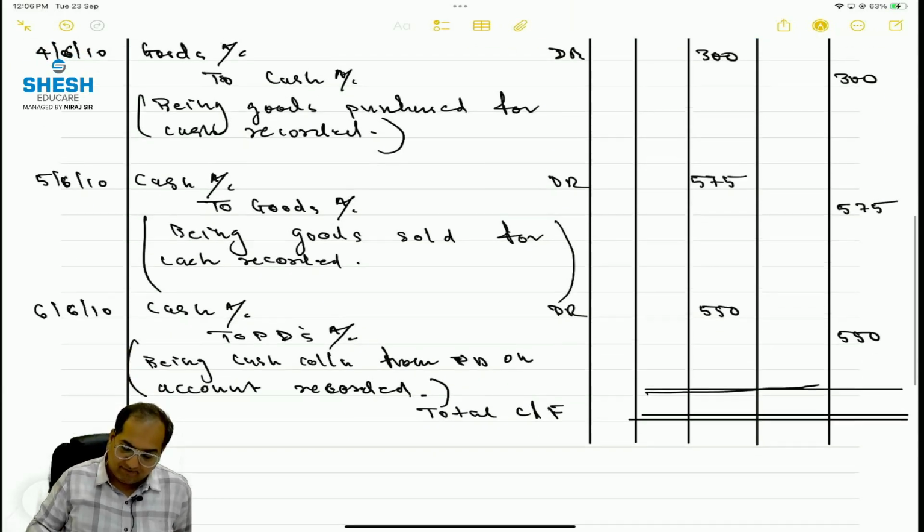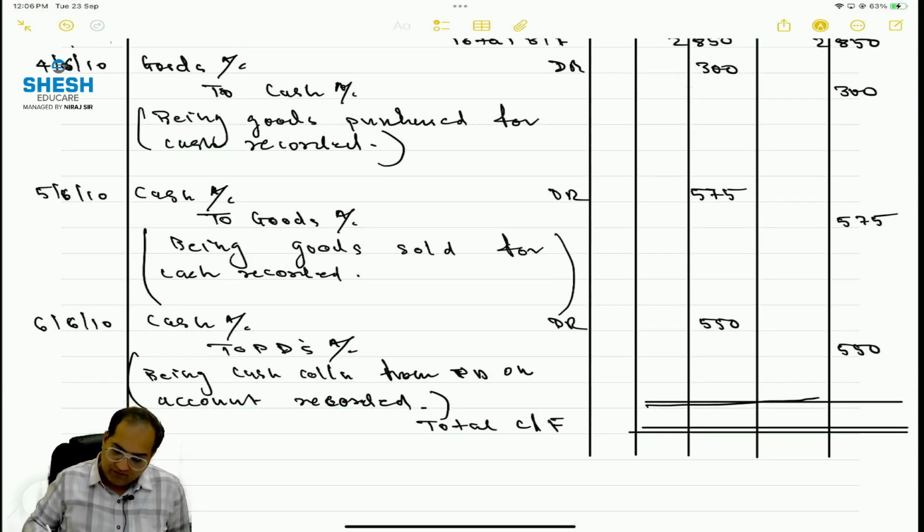This total of page 2 will be carried forward to page 3.